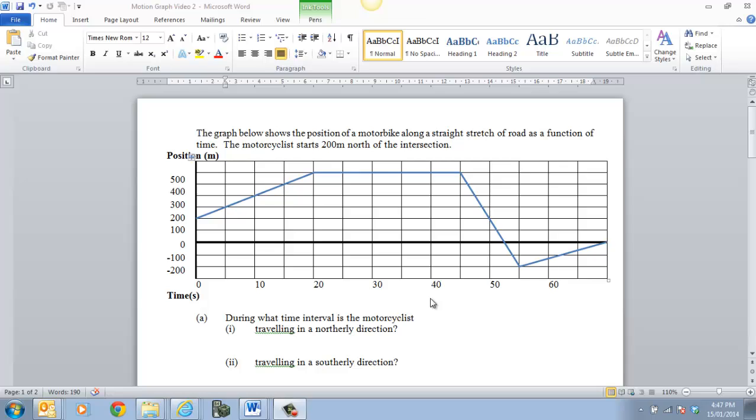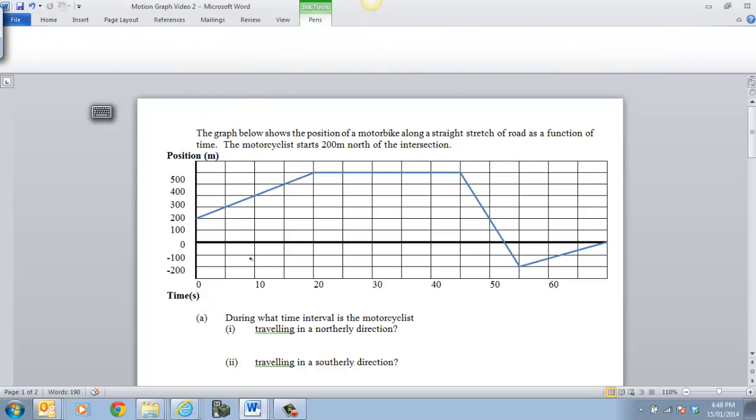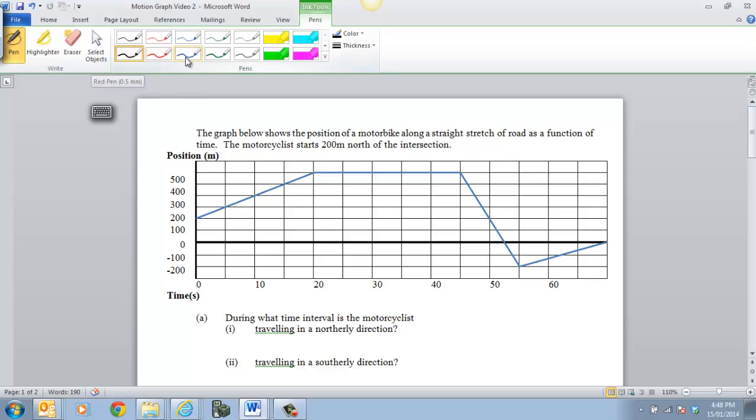During what time interval is the motorcyclist travelling in a northerly direction? That's going upwards. Now, you're going to have to use some math skills here in terms of the way you present the information. So I might work in blue if that's alright. From 0 through to 20 seconds, so t greater than 0 and less than 20 seconds, it's moving in a northerly direction.